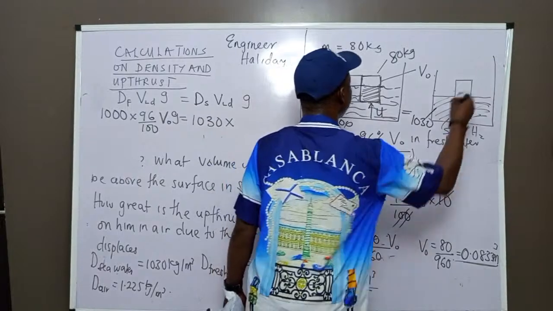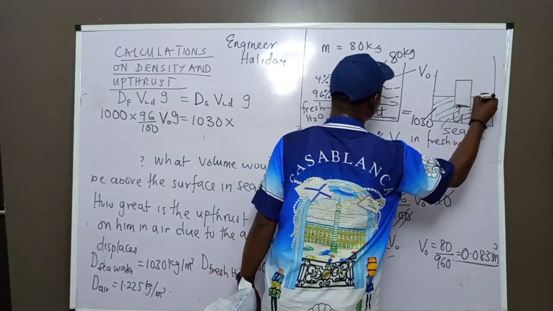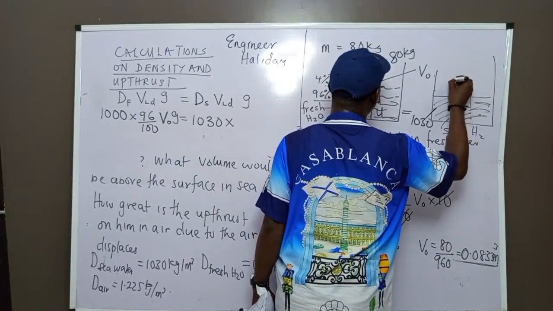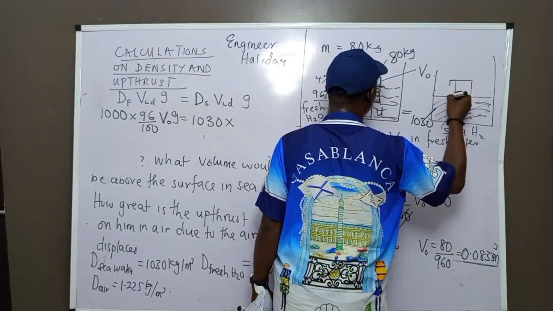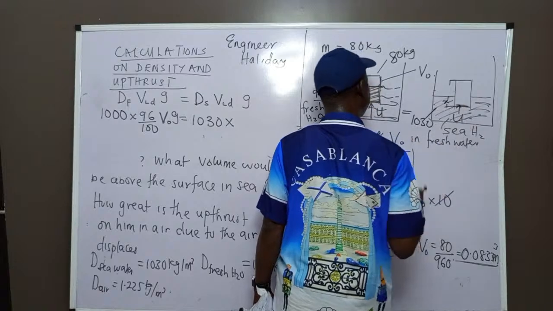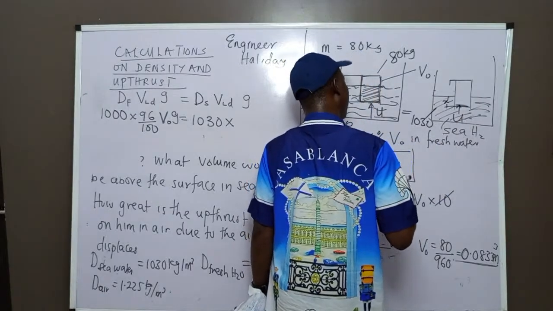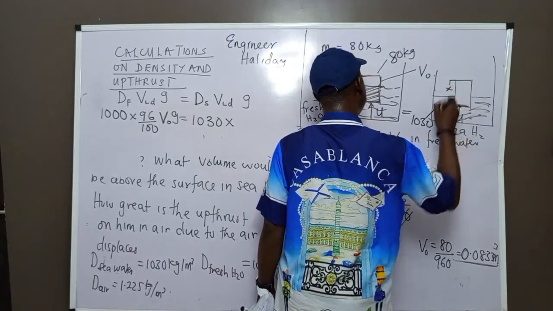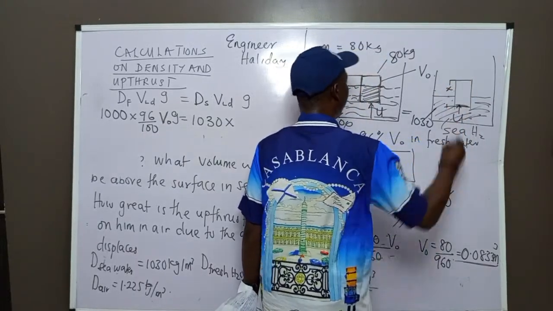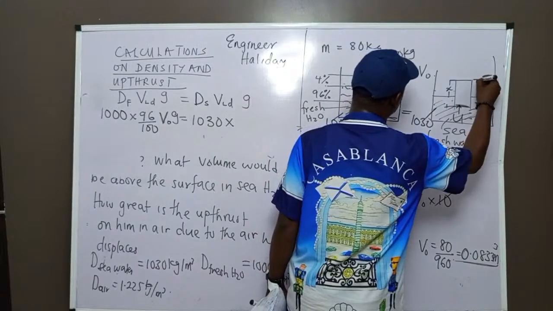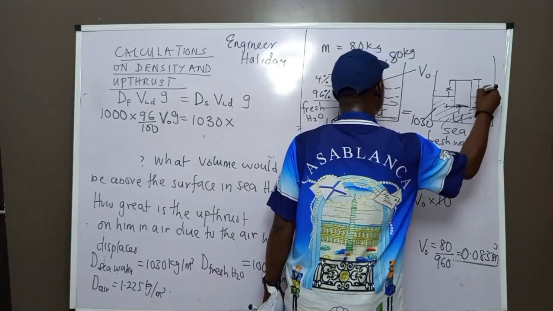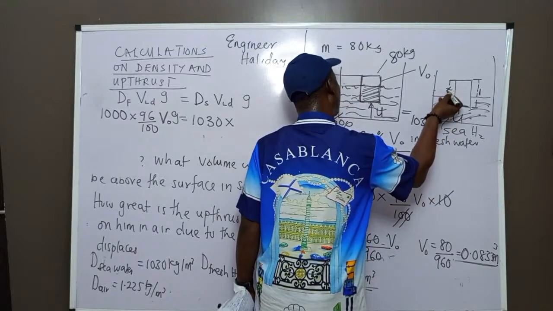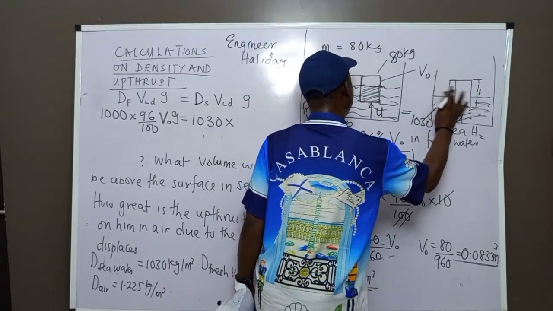Now listen. Let's say everything, the total volume, is 1. Let's take the volume above as X. Then the percentage above is X percent.